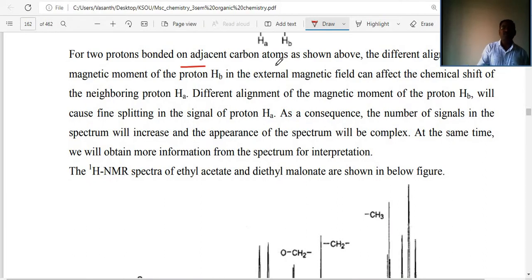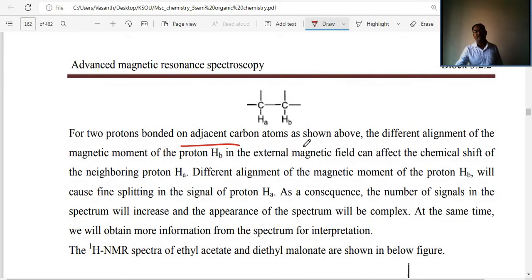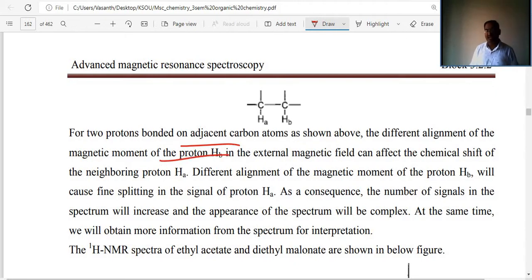For two protons bonded to adjacent carbon atoms as shown above, different alignment of the magnetic moment of proton HB in the external magnetic field can affect the chemical shift of the neighboring proton HA. The different alignment of the magnetic moment of the proton will cause fine splitting in the signal of the proton.